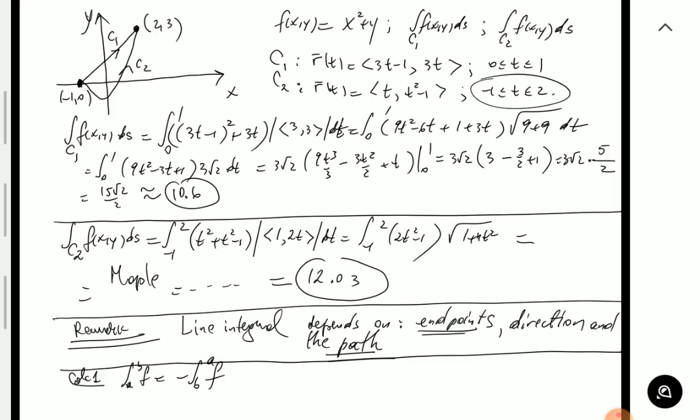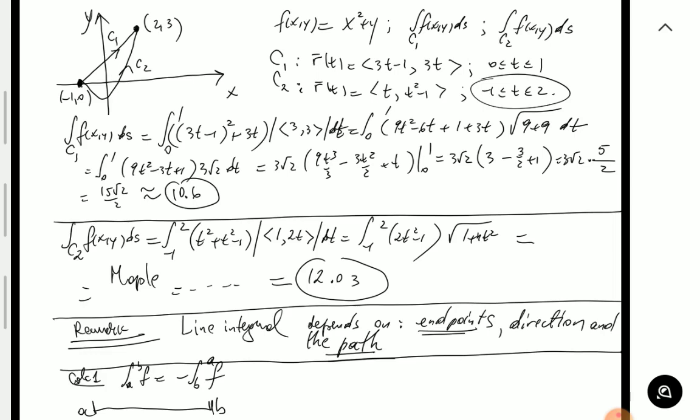So that means if you change the direction over the domain, from a to b versus from b to a, because the domain is a segment on a real axis, direction is either left or right. So you change the sign of the integral. But other than that, it depends on the endpoints only.